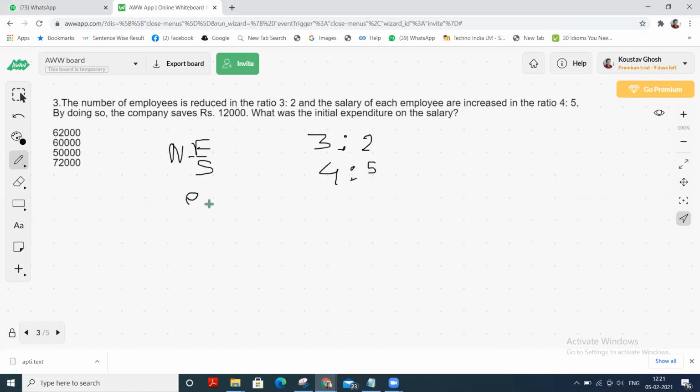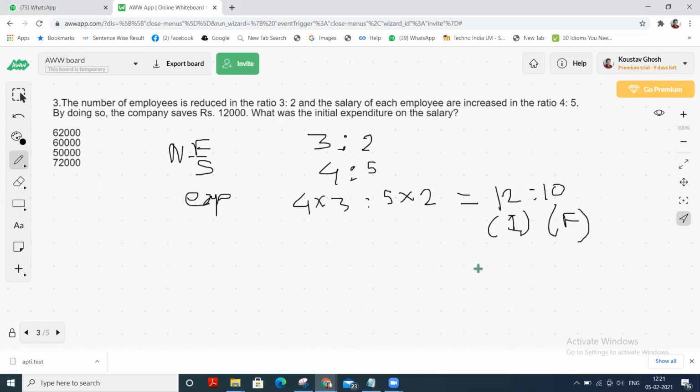Then expenditure. Expenditure is 4 into 3 is to 5 into 2. Okay. So 12 is to 10. So 12 was the initial expenditure, so I put it as I, and 10 is the final expenditure.